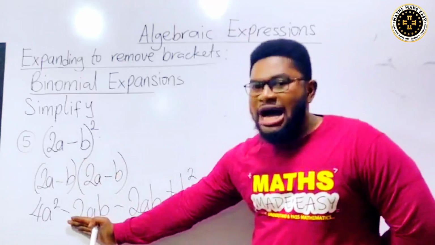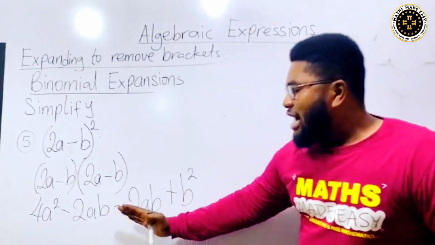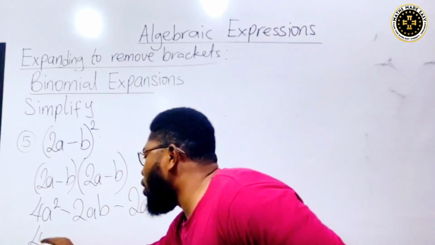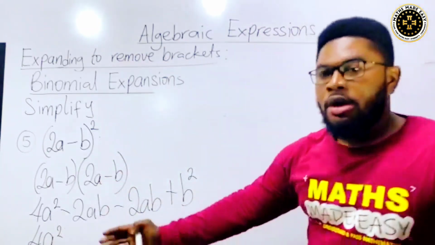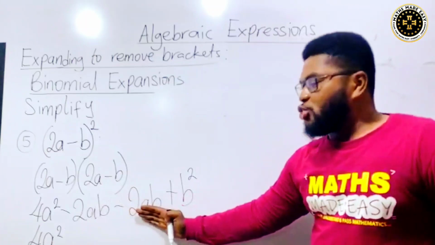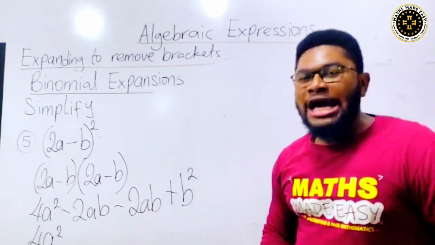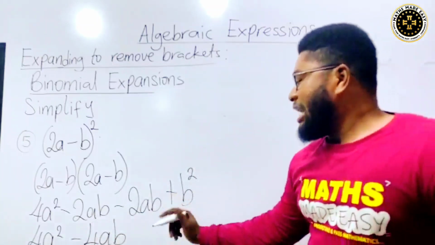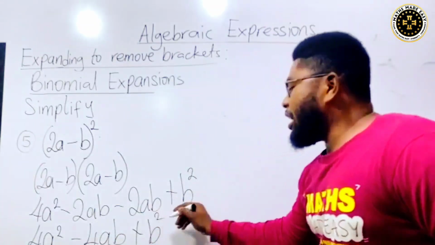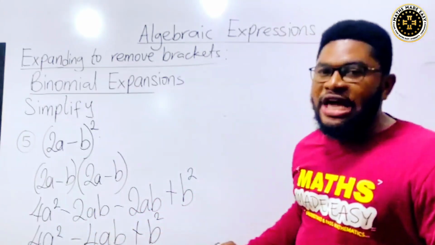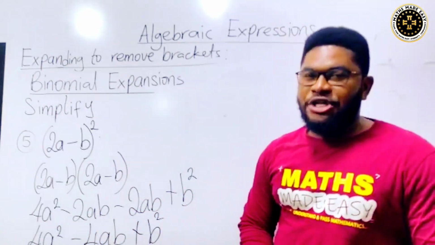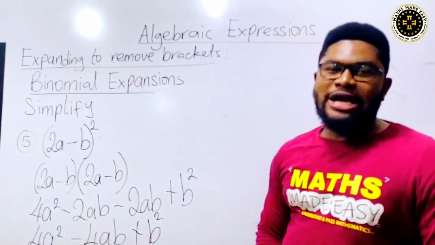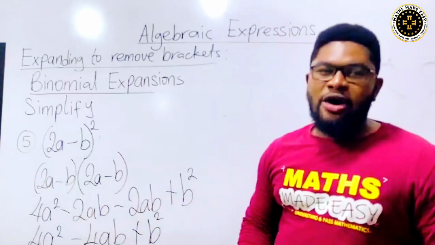Now, the like terms are minus 2ab and minus 2ab. So we'll simplify. You will get 4a squared, minus 2ab minus 2ab will give us minus 4ab. So minus 4ab. Then plus b squared. Now, since we don't have any like terms in the expression, we will leave 4a squared minus 4ab plus b squared as our final answer.